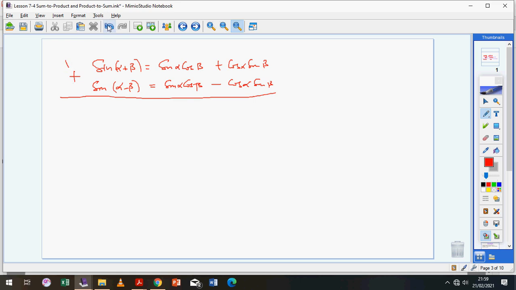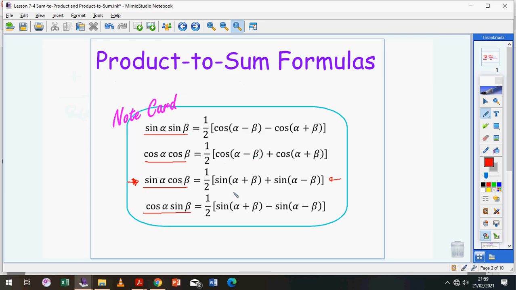So if you add these two equations, on the left hand side I have sine alpha plus beta plus sine alpha minus beta, and I hope you see that that's where this portion comes from.